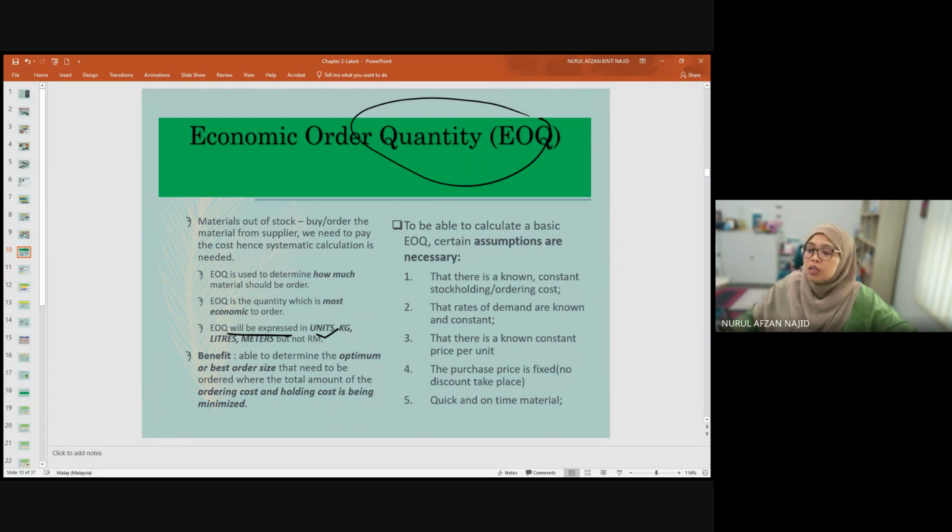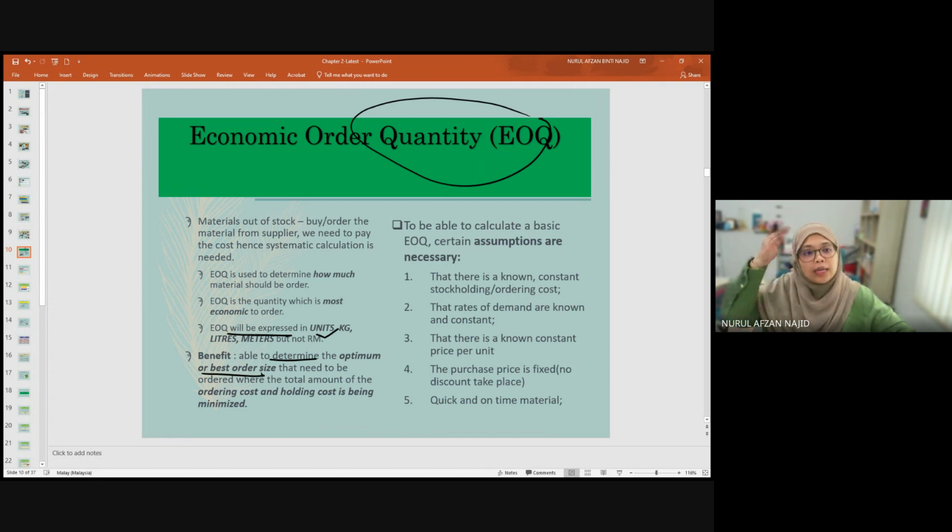Okay, so what are the benefit ataupun what are the advantage of the EOQ? Kenapa kalau kita gunakan EOQ, apa faedahnya? So if you are calculating the EOQ to determine how much the material should be ordered, this method will be able to determine the optimum or best order size.